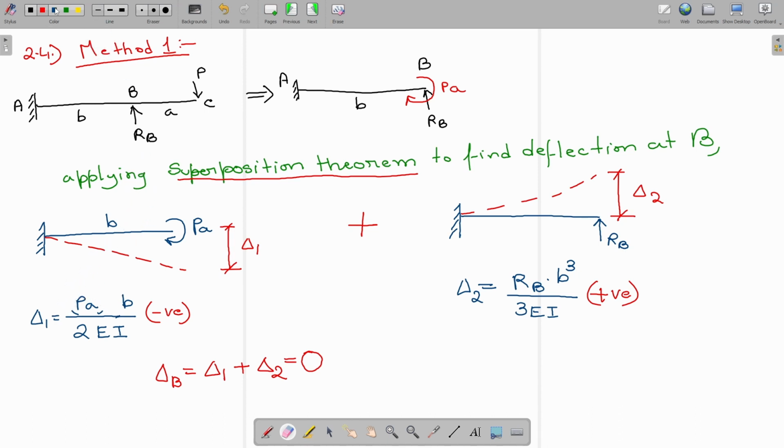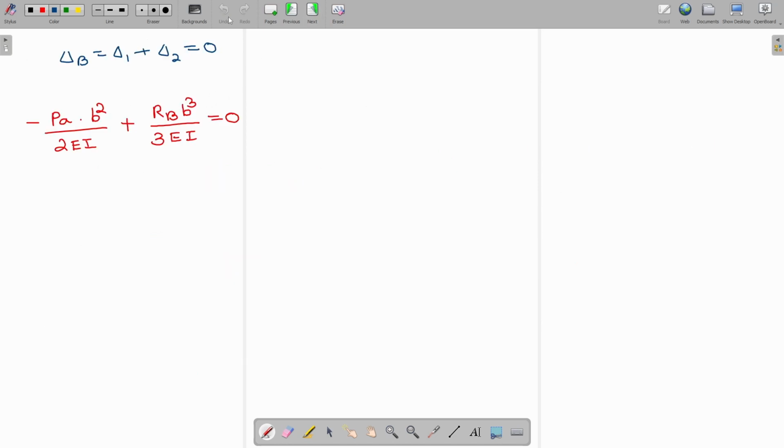This will be PB square, PB square by 2EI. Therefore, after solving, we get that RB will be equal to 3 by 2 PA by B.